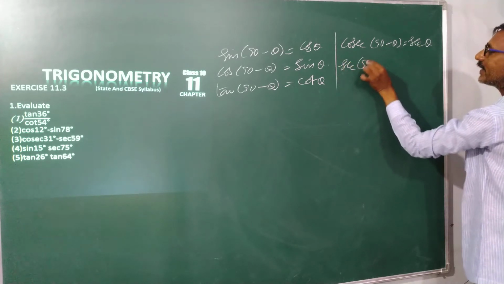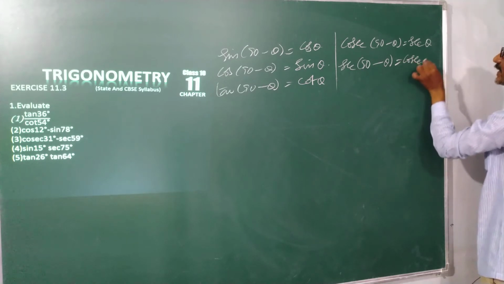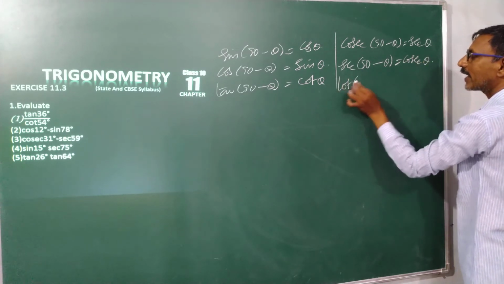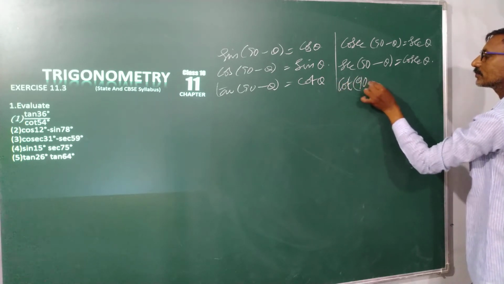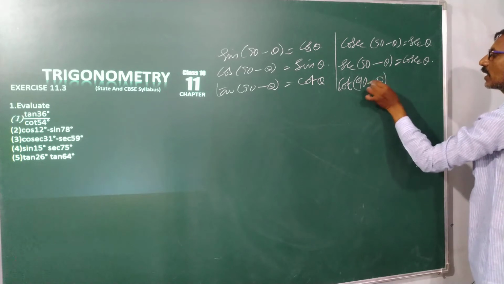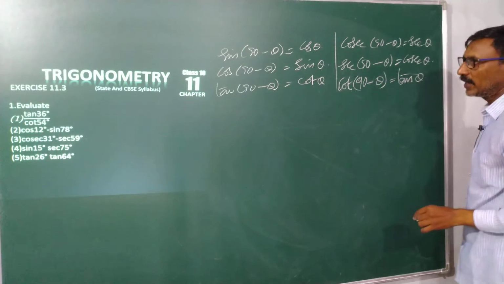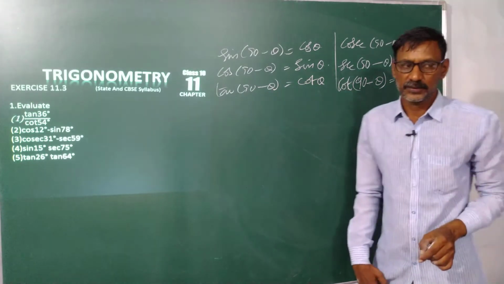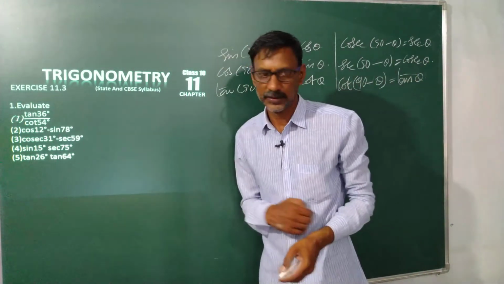Sec 90 minus theta is always equal to cosec theta. And cot 90 minus theta is always equal to tan theta. These 6 formulas help us to solve these problems.